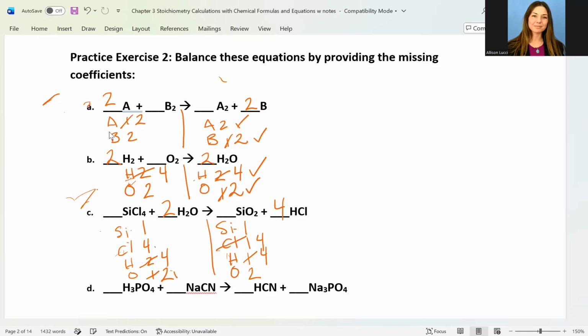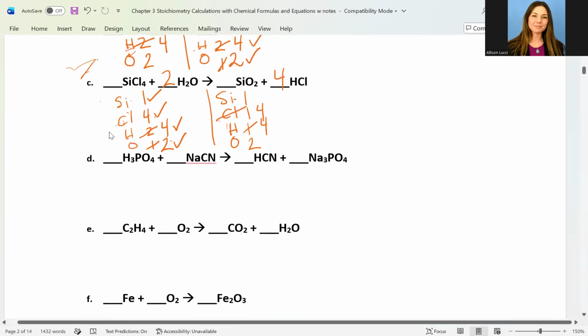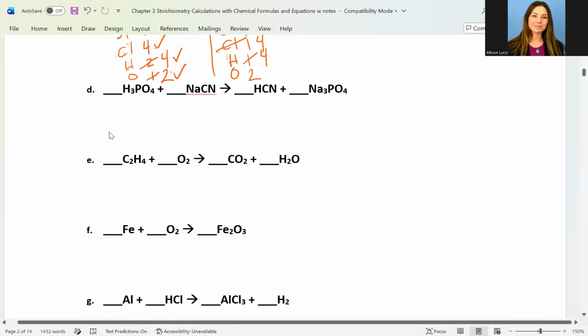So now my oxygens are balanced, my hydrogens, my chlorines, and I didn't touch the silicon. There's 1 and 1 on each side, so everything is balanced. So I see SiCl4 plus 2H2O will yield SiO2 and 4HCl.